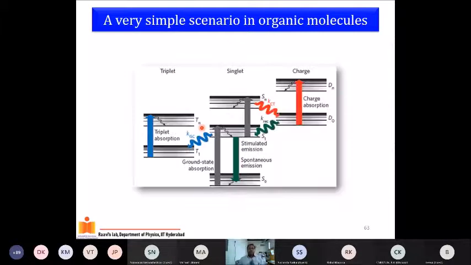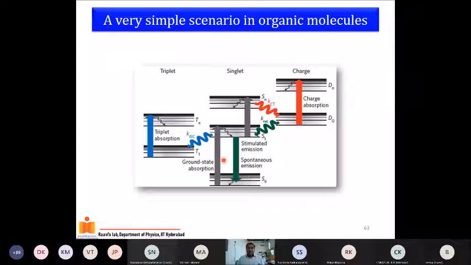Okay. Now in a very simple scenario of organic molecules, once the population goes to the excited state, it can do a singlet transition, go to another excited state. It can do an intersystem crossing, get to the triplet states. Those who are in the field of chemistry would know these things. Those who do not know, don't worry. It is another excited state process, or it can give away its electron and become a charged species, which is what happens in your solar cell. It injects an electron.